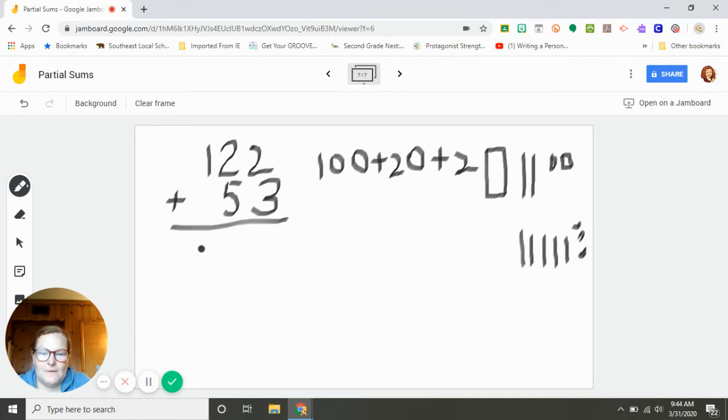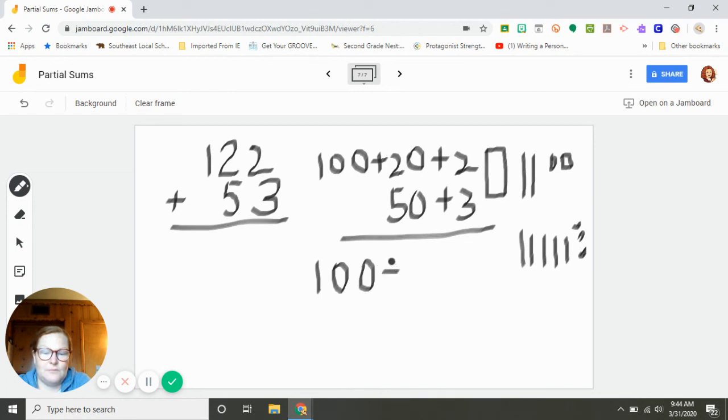So I'm going to put the 5 tens or 50 right underneath the 20, because those are both the tens places. And then I'm going to put my 3 cubes or 3 right underneath the ones place. So now I have that. So now I look at this and I go, well, 100 doesn't have anything to go with it. So I'm just going to put 100 down here below. So it's 100 plus 0 is 100.